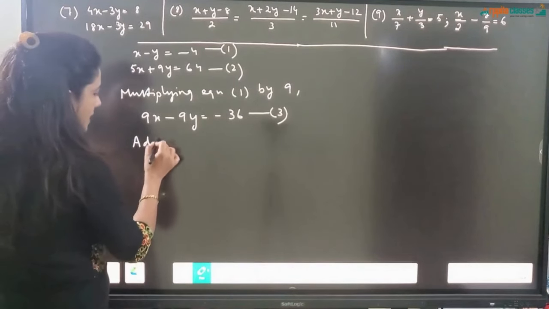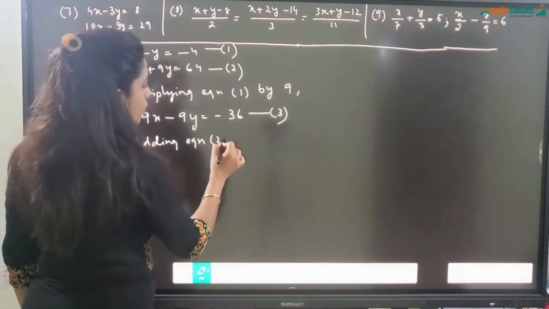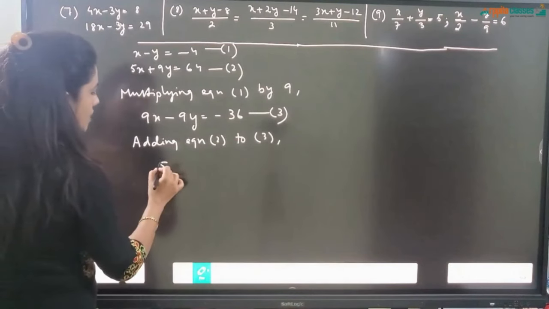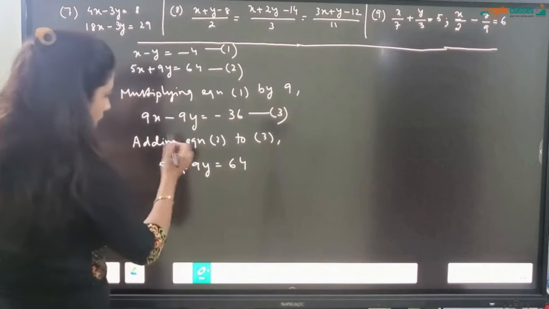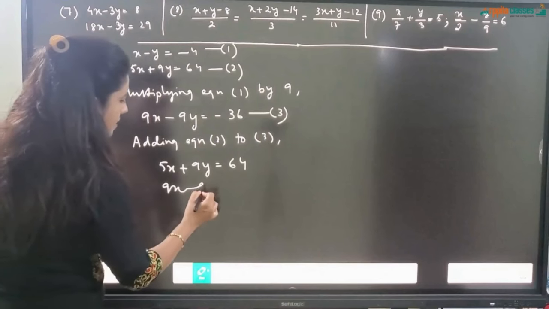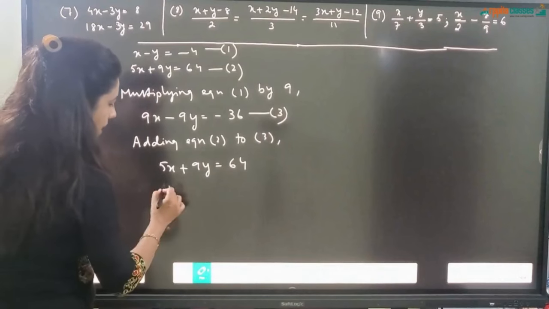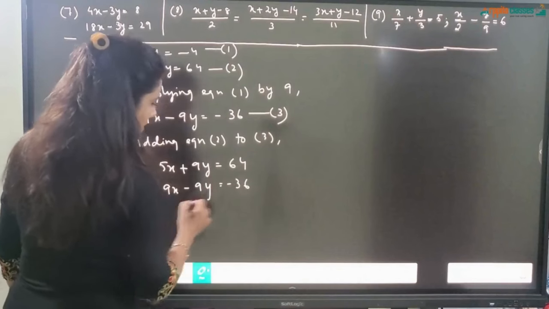So I'll write adding equation 2 to 3. Now I'll write equation 2 first: 5x + 9y = 64. Equation 3, that is 9x - 9y = -36.